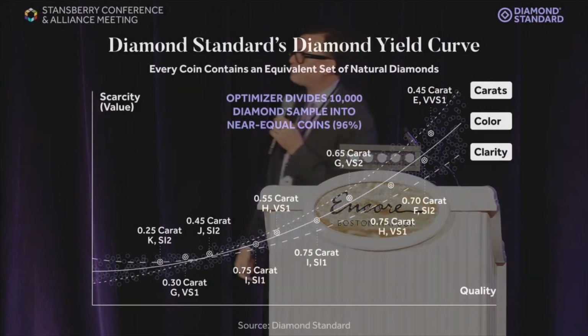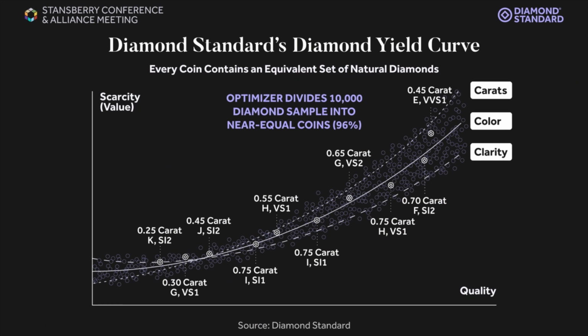The last step, which is also a computer science breakthrough, is we figured out a way to use optimization to divide that pile of diamonds into the coins and bars, so that every bar gets a fair chunk of that pile, but it's not just a random sample.